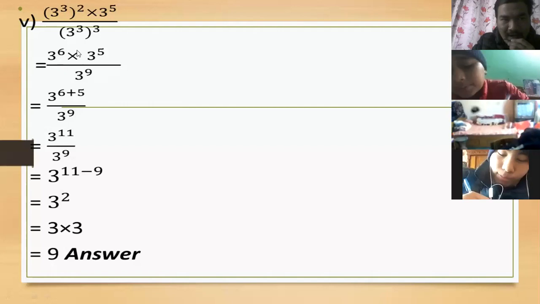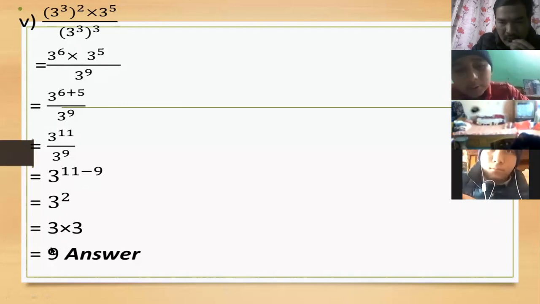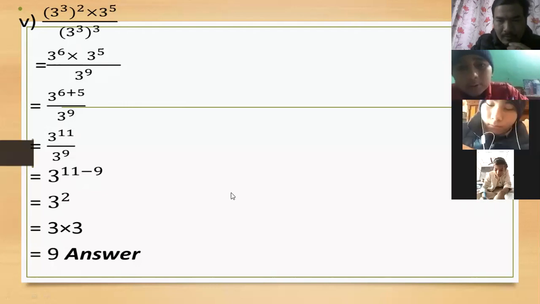When you multiply, we have to add: 6 plus 5 is 11. And when 3 to the power 11 is divided by 3 to the power 9, we have to subtract the powers. 11 minus 9 means 2. 3 square means 3 into 3, which means 9. Are you clear, children? Yes, sir. Good, very good.